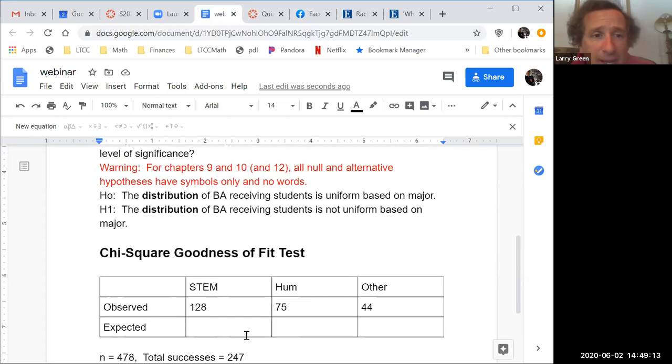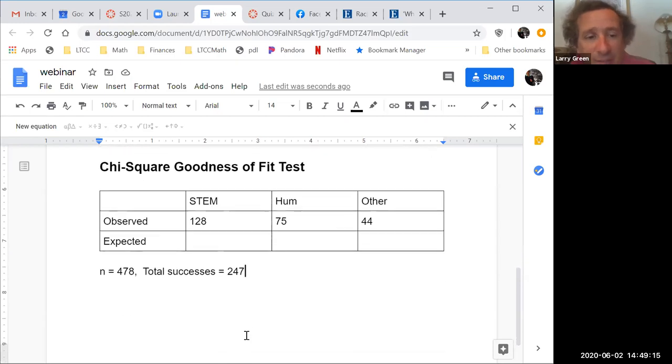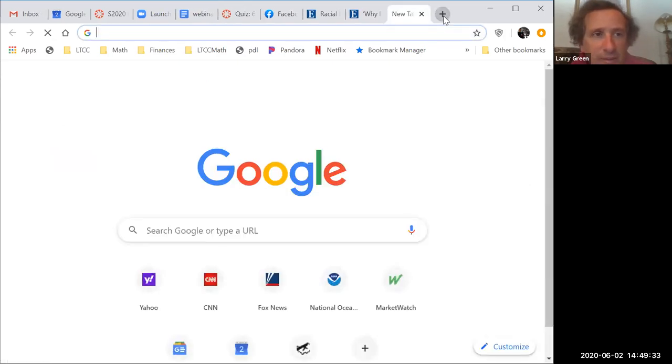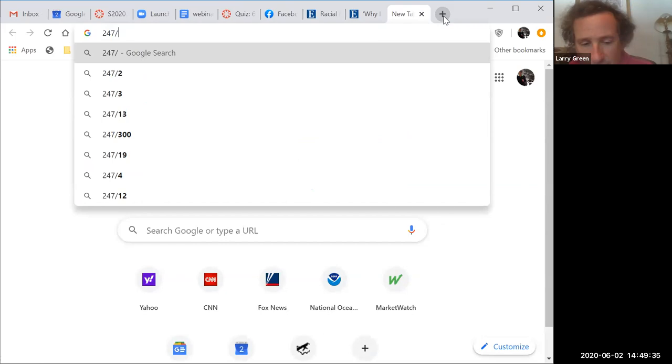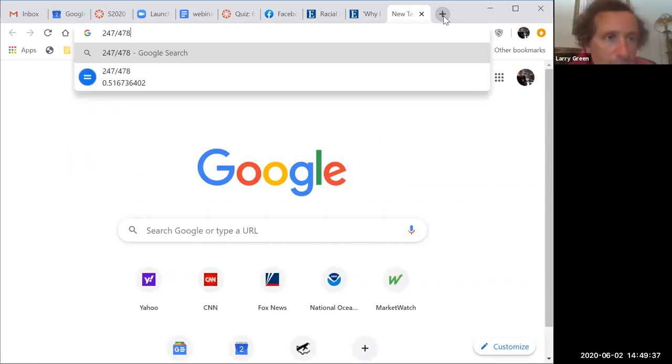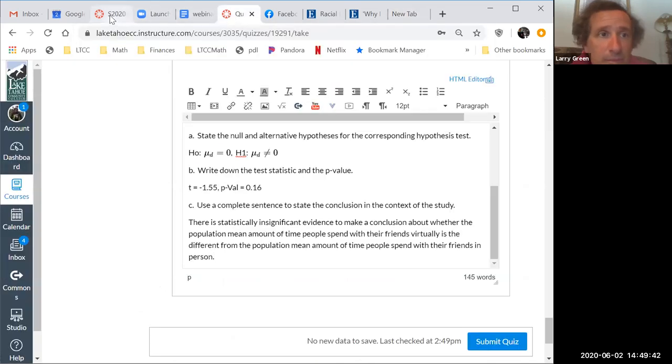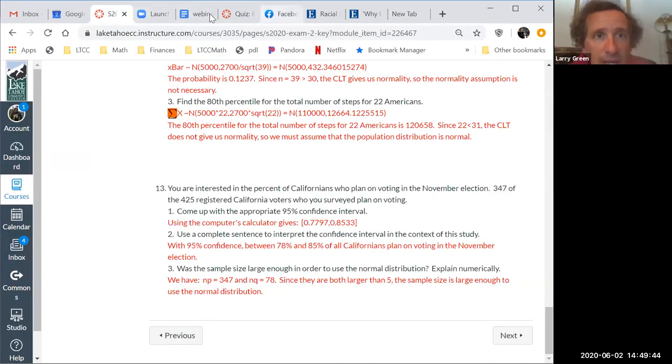Okay, our null hypothesis is that it's uniform, which means the percent should all be the same. So notice that if you take 247 and divide by 478, that is equal to, and let's work this out, 0.5167 is good enough.